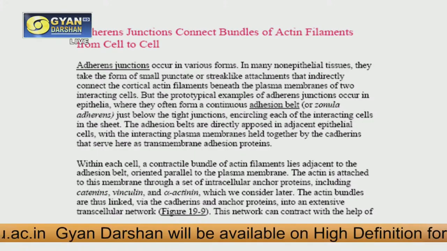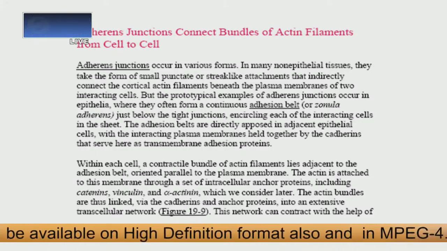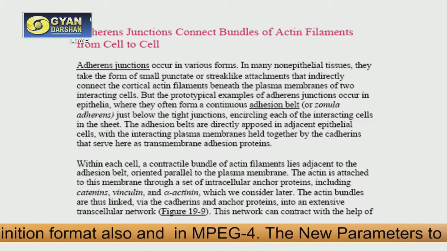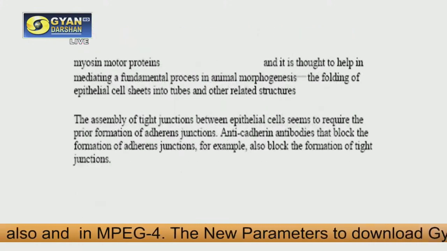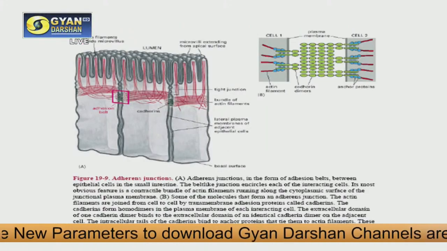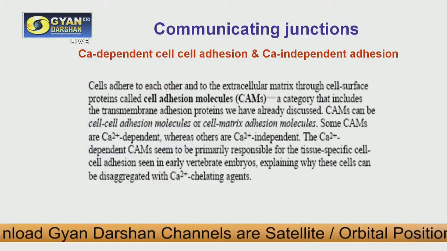So catenins, vinculin, alpha-actinin are some of the additional intracellular anchor proteins. So that is all about the adherens junction and the role of the cadherins.